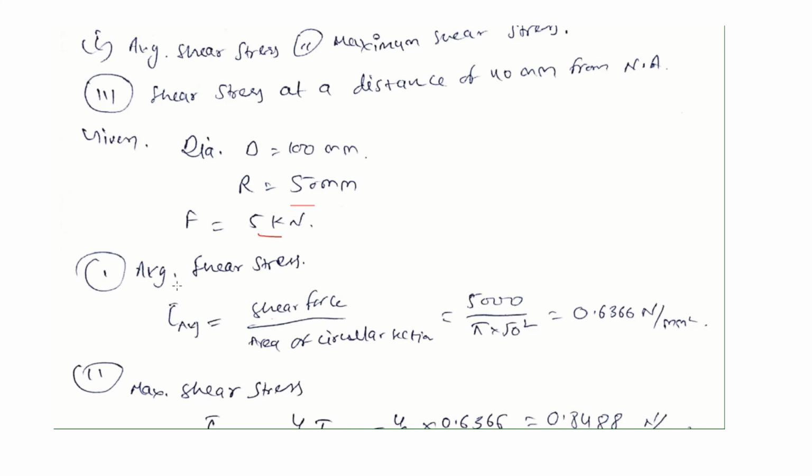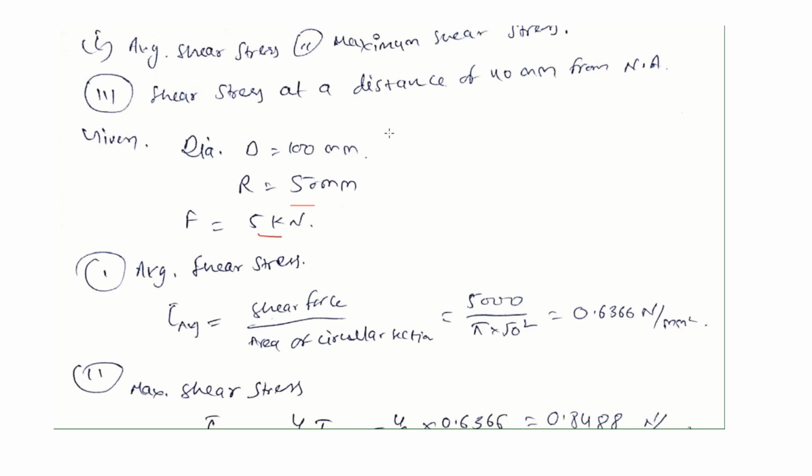We first find the average shear stress, which equals shear force divided by area of the circular section. Shear force is 5000, that is 5 kilonewton, and area of the circular section is pi into 50 square. So it will be calculated, and we get 0.6366 Newton per mm square. That means tau average is 0.6366 Newton per mm square. Now the second is maximum shear stress.